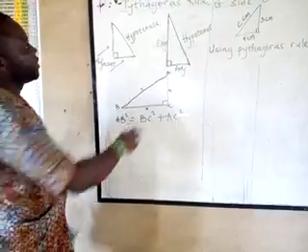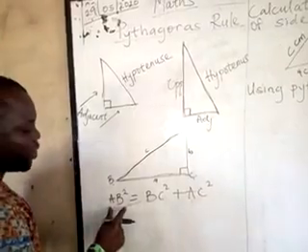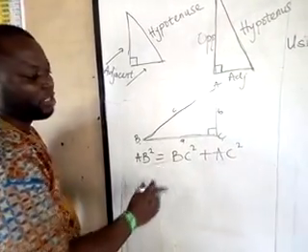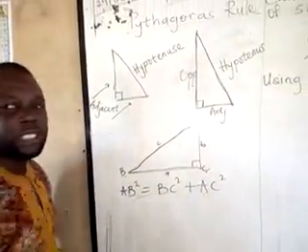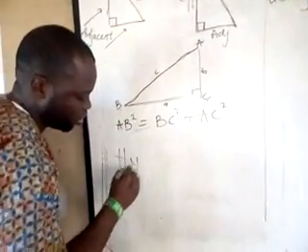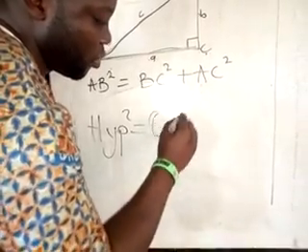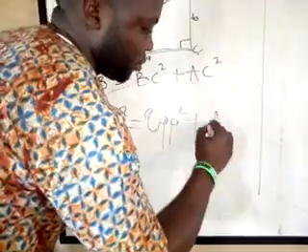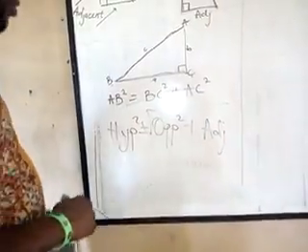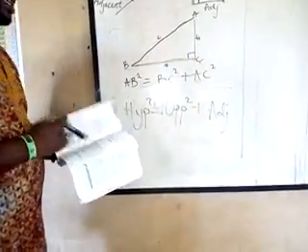Now, applying the rule, you can now say that your AB square, what is your AB? Your hypotenuse. That is, trying to find your hypotenuse. Your hypotenuse square equals opposite square plus adjacent square.